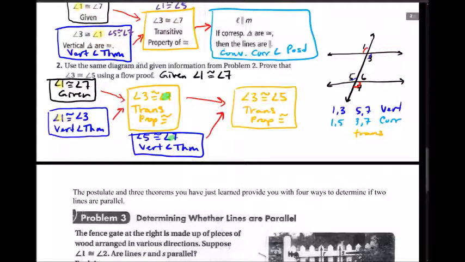So do you see how a flow proof lets you group your ideas together into columns and say, well, if I have this, then I need this to get me to my next step. And is there something I can put with that next step to get to where I need to go? So what happened with this one, we didn't need our corresponding angles at all.